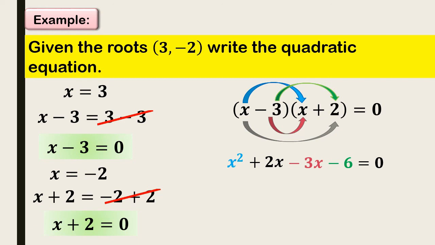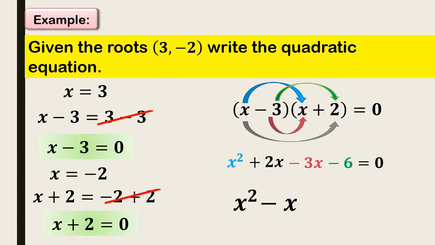So, after we expand the factors, what we're going to do is to combine like terms. Pagsamahin natin ang magkaparehas ang variable at magkaparehas ang exponent. So, ang magkaparehas lang natin dito ay si 2x and 3x. So, anong gagawin natin sa hindi magagalaw? Just copy. So, x squared, simplify 2x minus 3x.